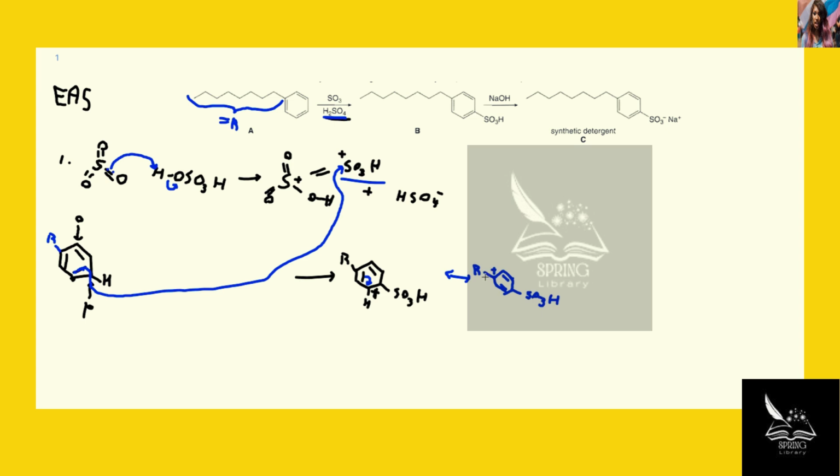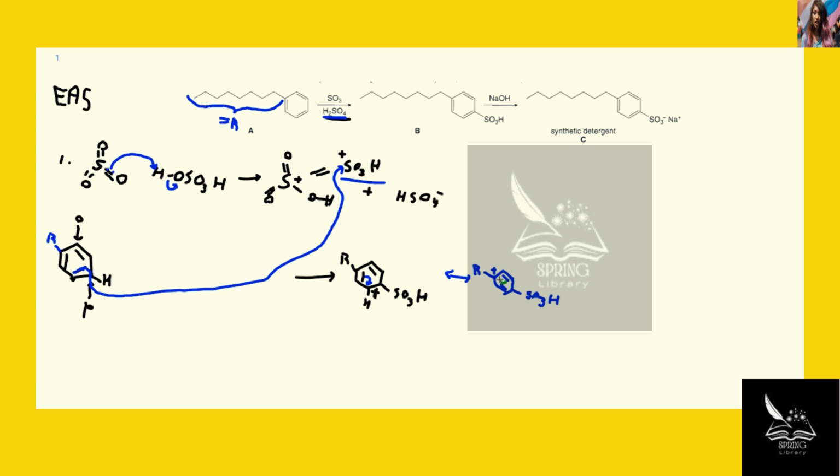We see that now the carbocation is placed on a carbon that's attached to our hydrocarbon chain, the R group. Because this positive charge is on this carbon attached to our hydrocarbon, we have inductive stabilization of this carbocation intermediate. Therefore, it lowers the energy of this intermediate, and therefore this is a favorable reaction. This is why donating groups are ortho and para directing and activating.